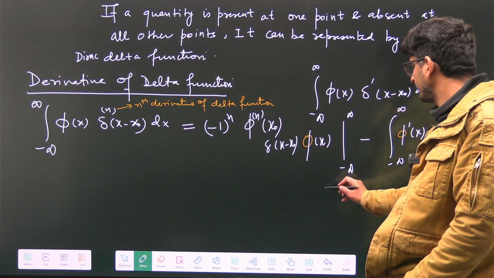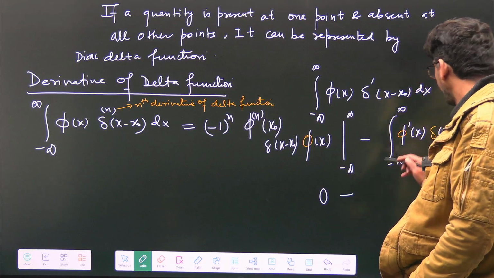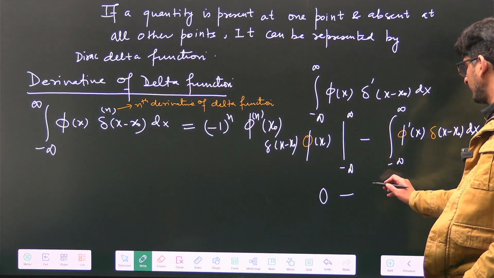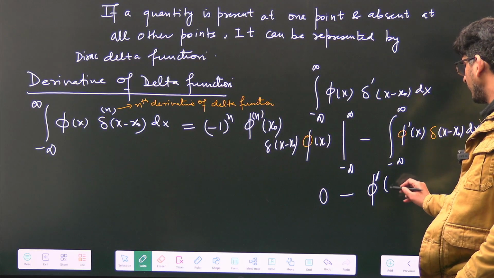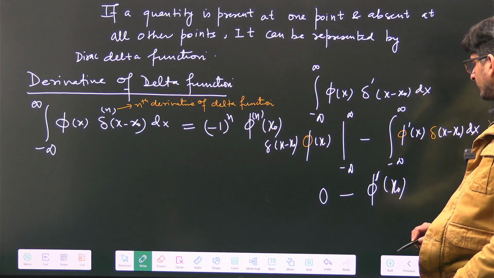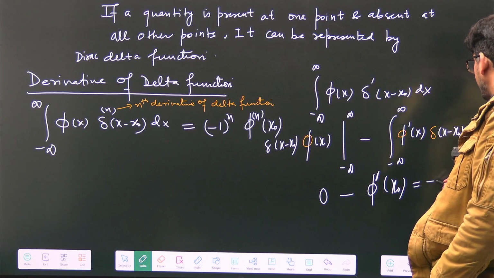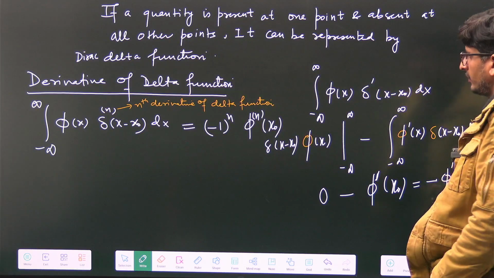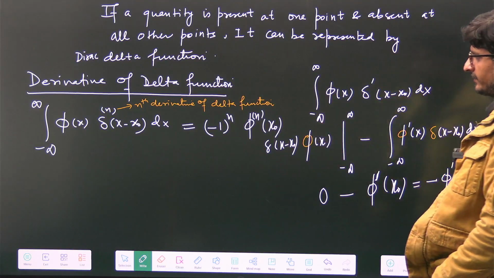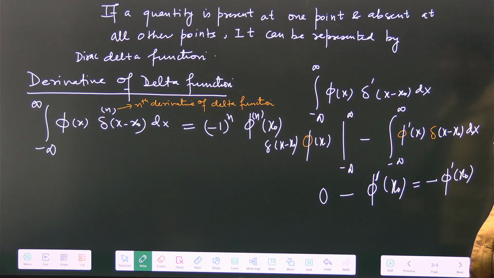So this will become 0 minus, this will become phi dash, property use कर ले रहा हूँ, x naught. So this has become minus phi dash x naught. देखो फॉलो कर रहा है ना nth derivative वाला concept, n is equal to 1 ले लो तो same आ रहा है. So this is how it works.